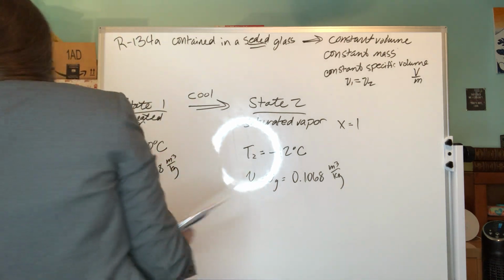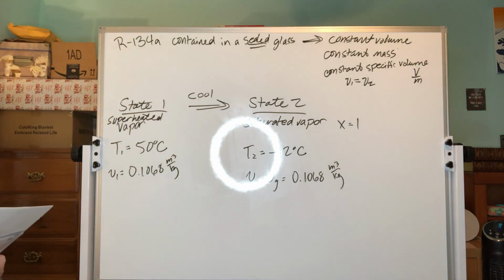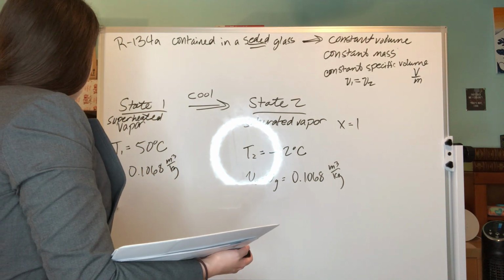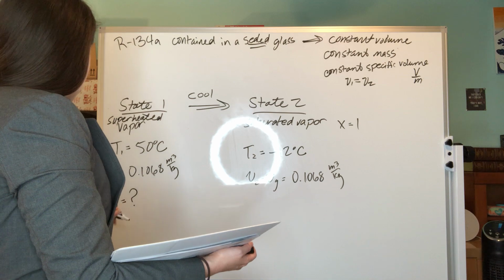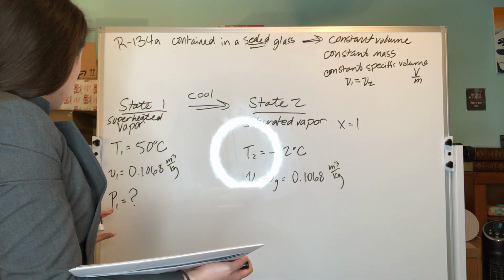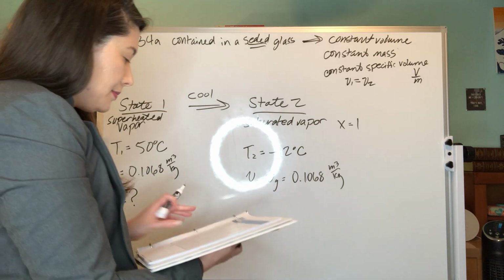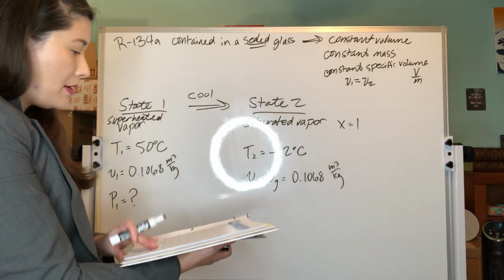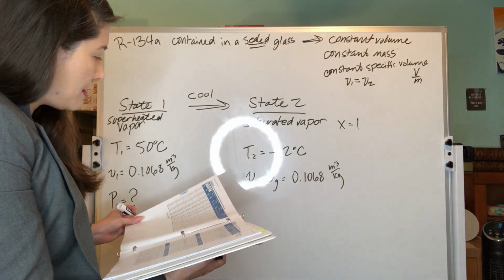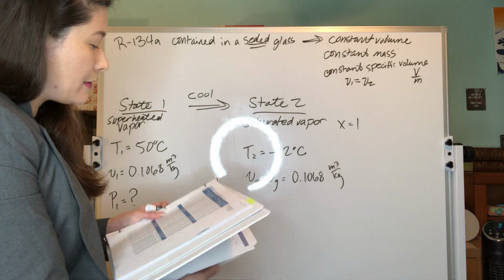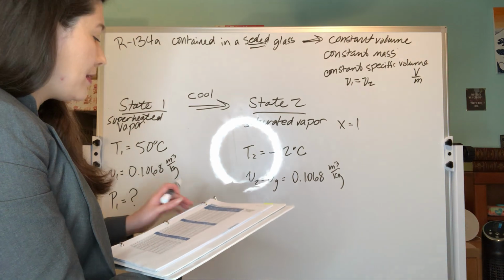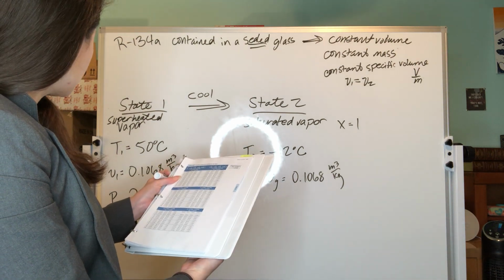Okay. What did it want us to find? It wanted us to find the pressure at state 1. Now that we have this information, I think we can find out. And we know that we're dealing with superheated vapor at state 1. So I'm going to turn to the table for superheated refrigerant R134A vapor. That's table A12.